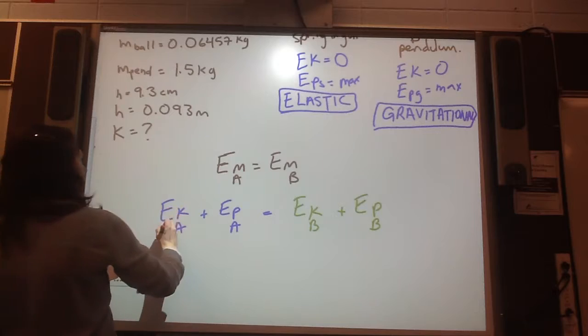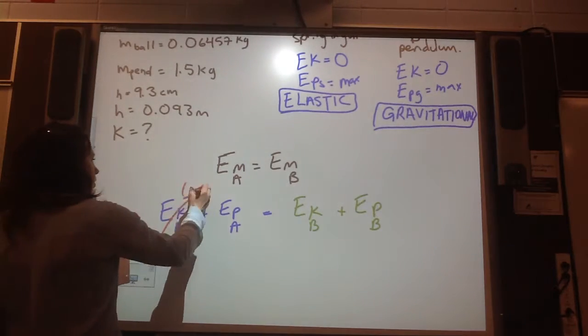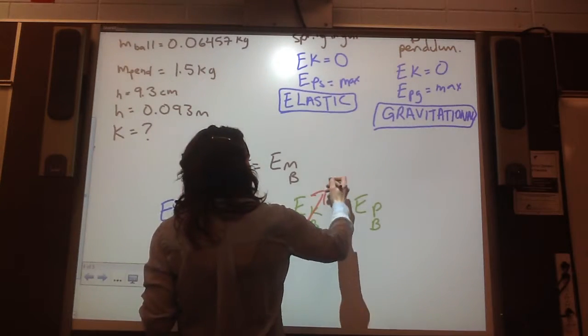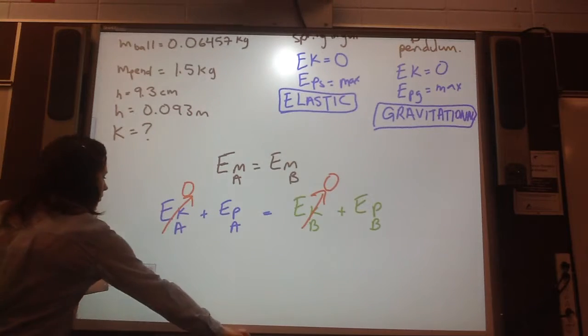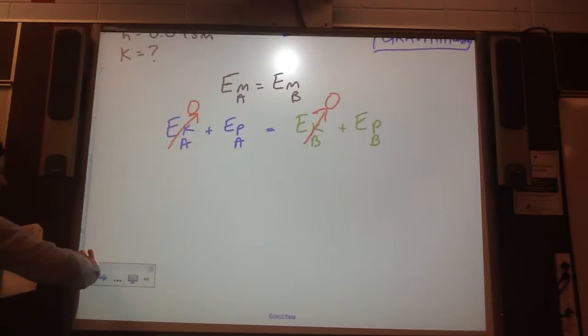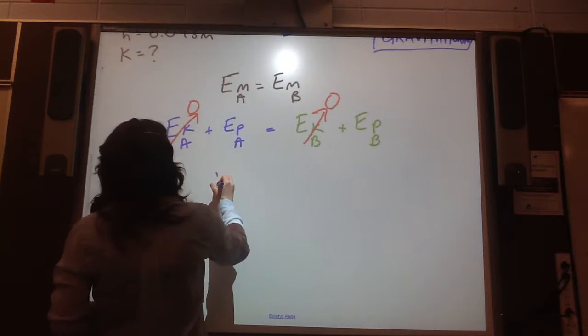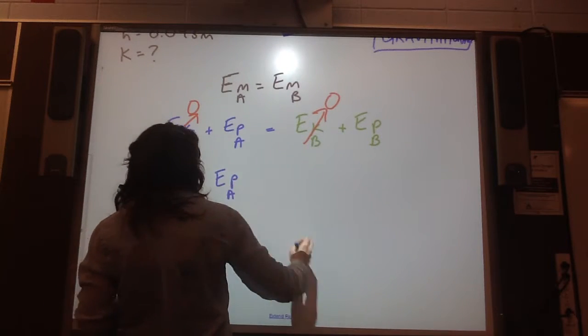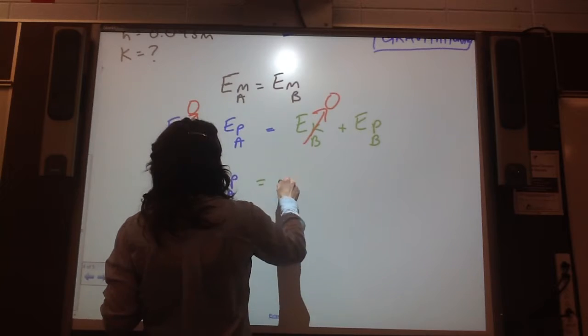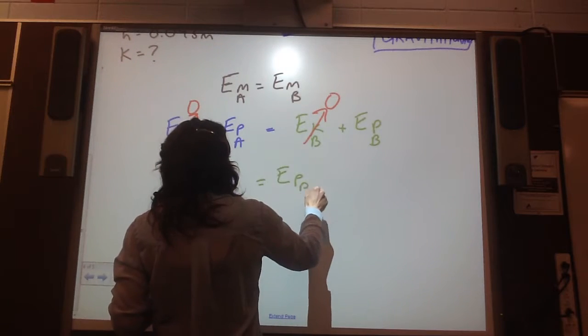EK here is 0, and EK here was 0. So then I can conclude that EP at A is equal to EP at B.